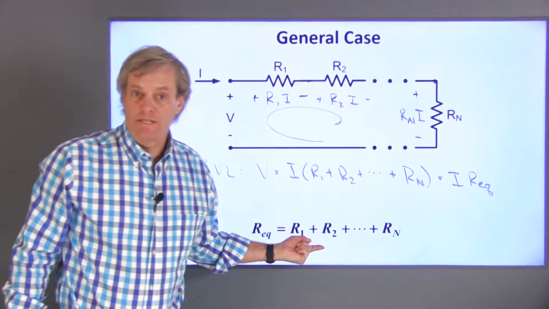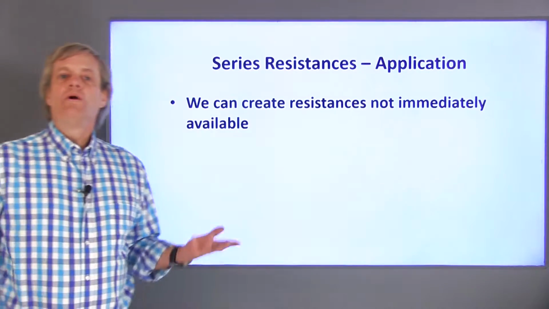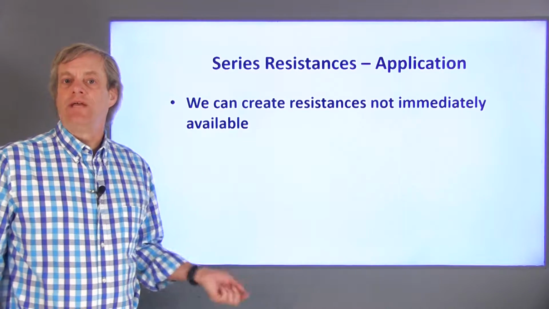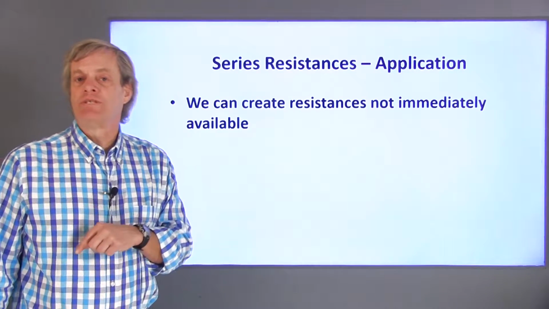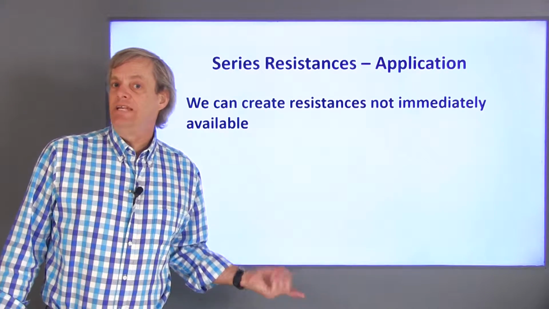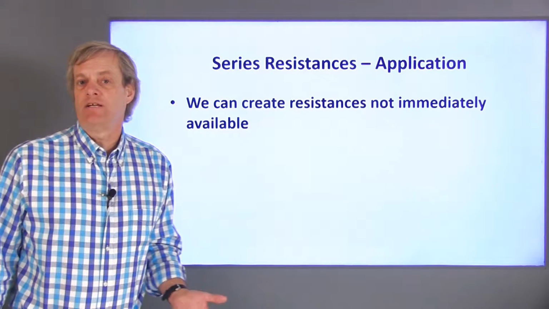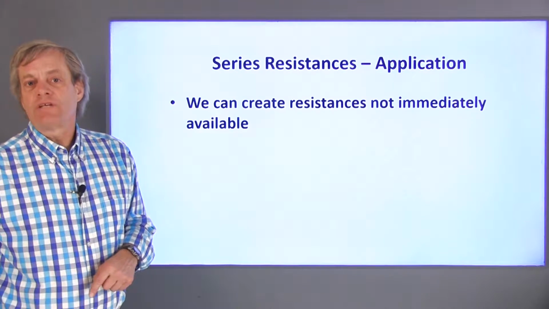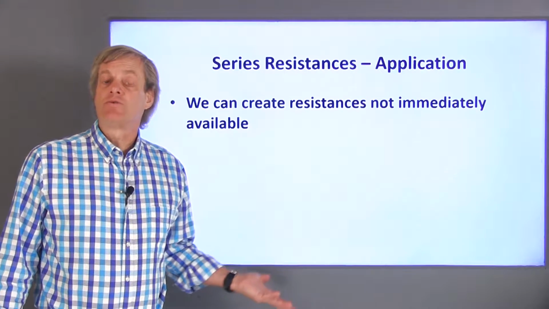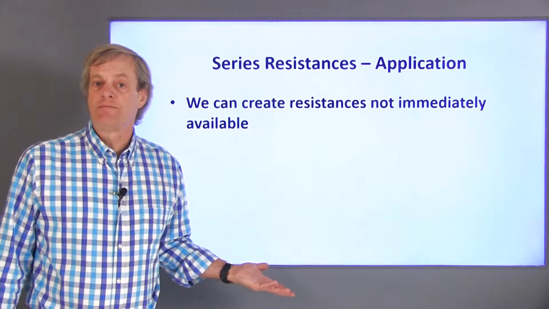One common application of this is to reverse the process in order to create a desired resistance from multiple resistors. For example, when we design a circuit, we may find that we need a resistance that isn't readily available. In order to create a prototype of our design, it may be easier to use available resistors to create the desired equivalent resistance.